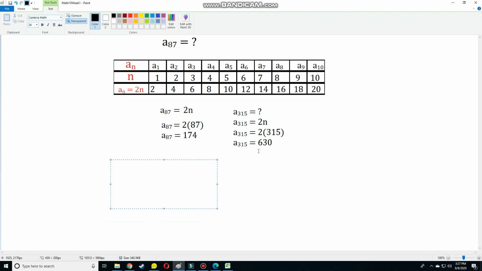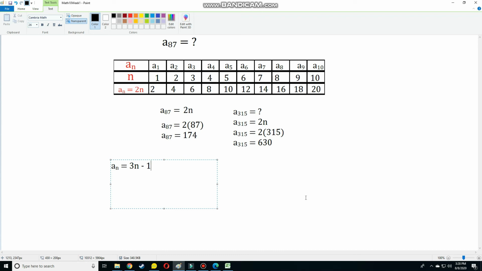Now, for example, let's have this mathematical rule: 3n minus 1.